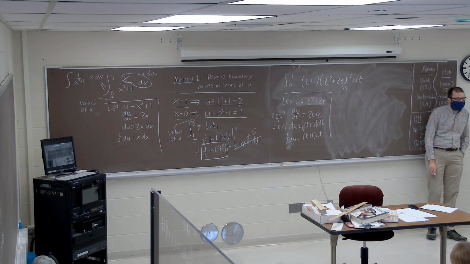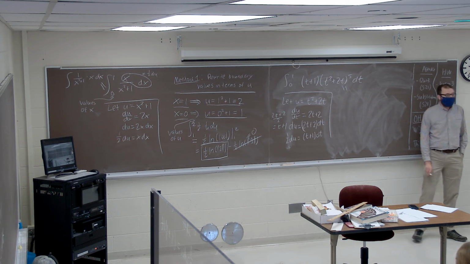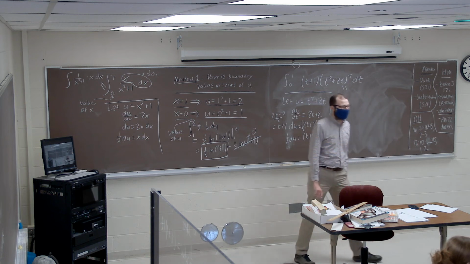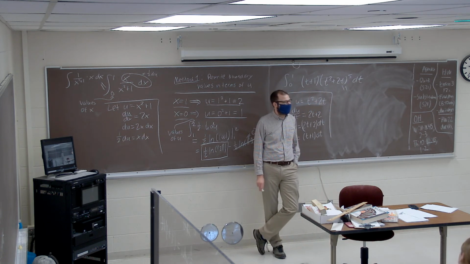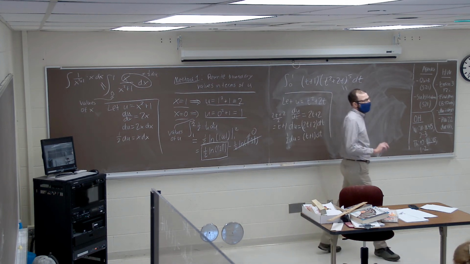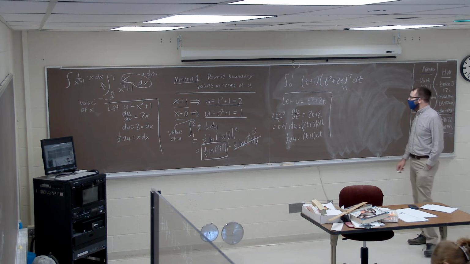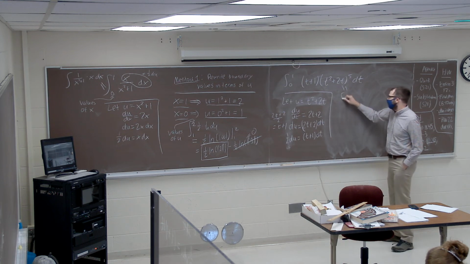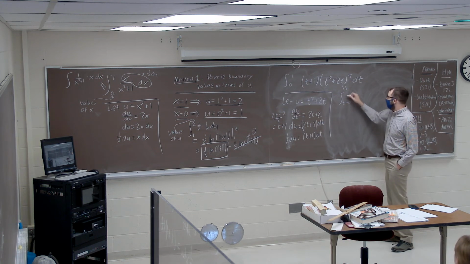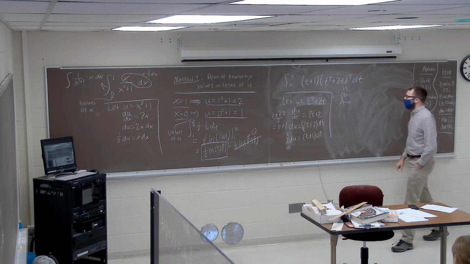Pick one. Emily, since you asked for it so kindly, you want to do method 1 or method 2 on this? Method 2. All right, that's the one I did in my notes. So method 2, we leave our t values as is. So we're going to write from t equals 0 to t equals 1.